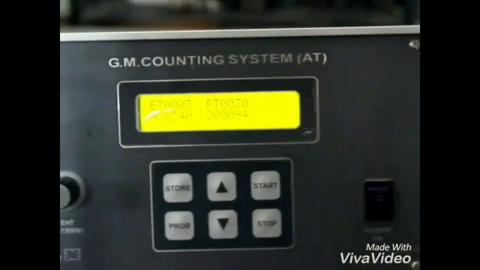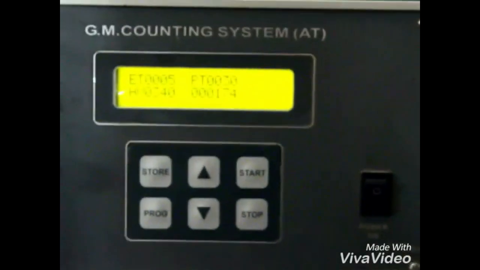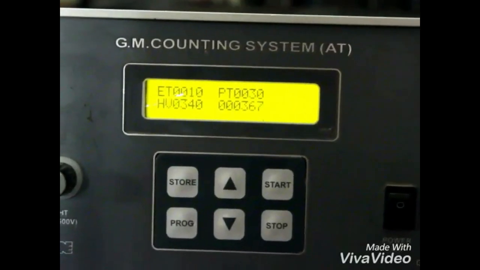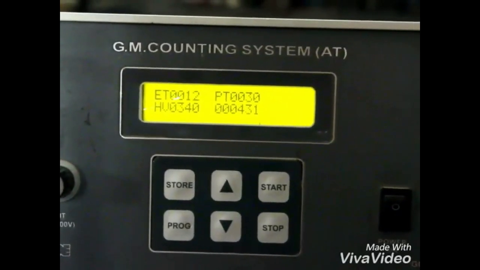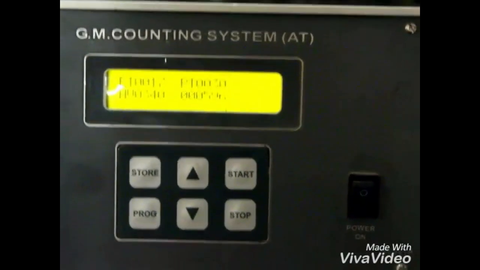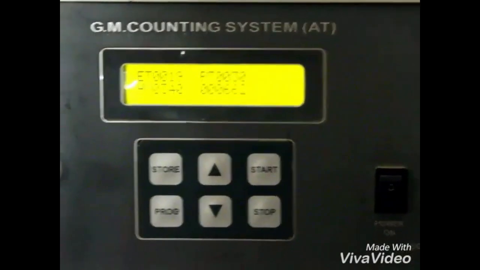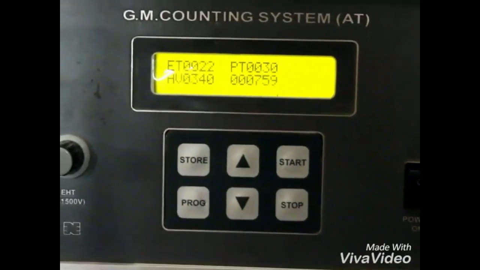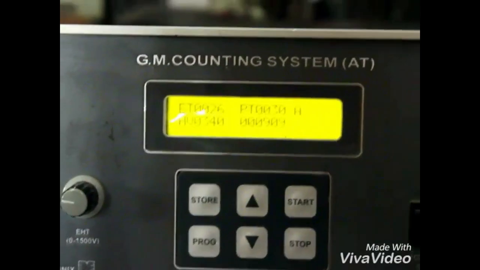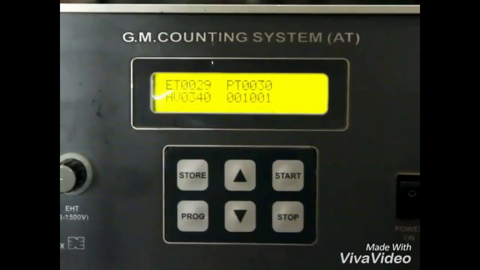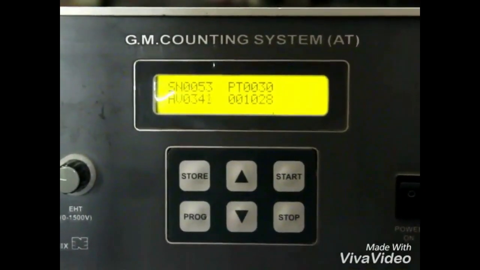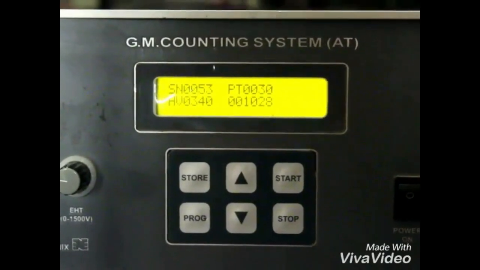As the time varies, we can see the counting variations in the GM tube, which displays at 340 volt. We can see here at the time of 30 seconds, we get the count 1028.